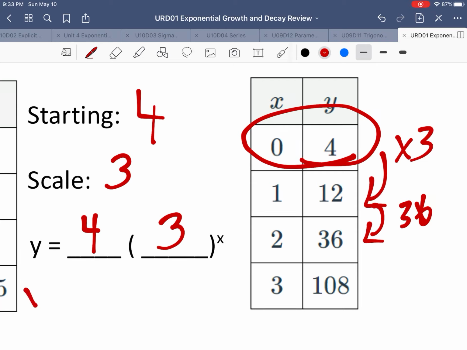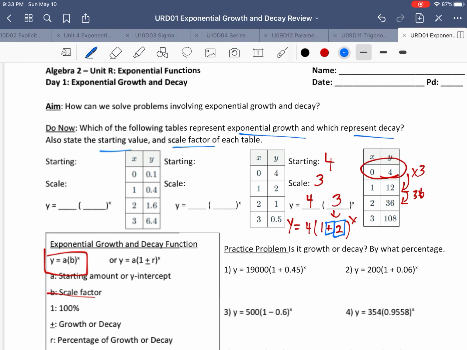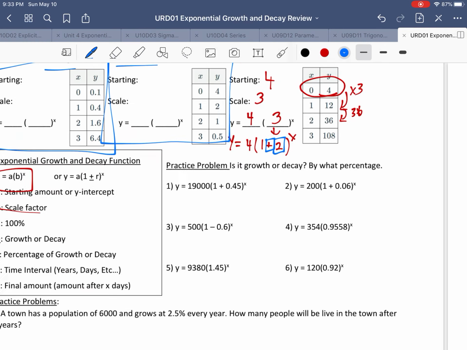Now this can be rewritten in a rate form, which is y equals 4 times (1 either plus or minus a number). But to get to 3, it has to be 1 plus 2. 2 represents 200%. So this is a growth, because of the plus, of 200%. You can try the first and second examples when you submit your assignment on your own.